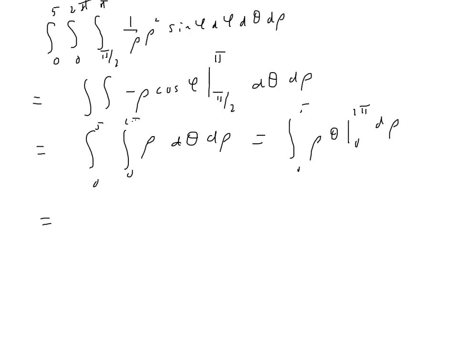Plug in the 2 pi, and I get 2 pi rho minus 0 at the lower limit. So now we're at 2 pi rho. Integrate that from 0 to 5 d rho. An antiderivative with respect to rho is pi rho squared from 0 to 5. And so finally we get 25 pi. That's the value of the integral we started with.